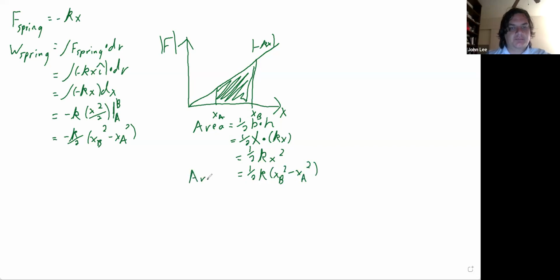Area of xa goes to xb, let's say. So the area under this curve is just going to be the bigger triangle minus the area of the smaller triangle. So it is again 1/2 k (xb squared minus xa squared). So does that make sense?